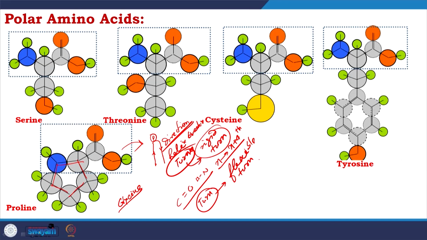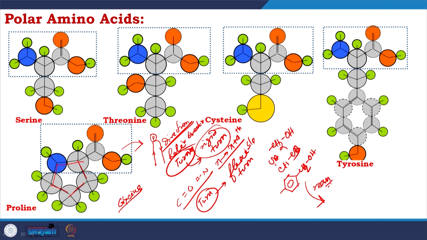Coming to serine, threonine and tyrosine, all of them have a hydroxyl group: CH2OH, CHOH CH3, and for tyrosine, a phenyl ring with OH. Because of the presence of the hydroxyl group, they could undergo reactions.